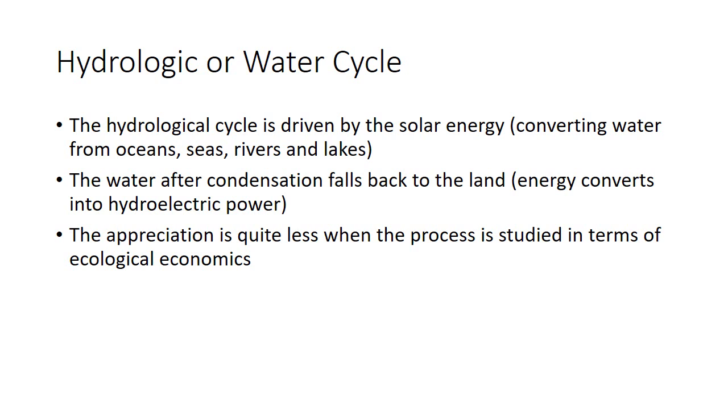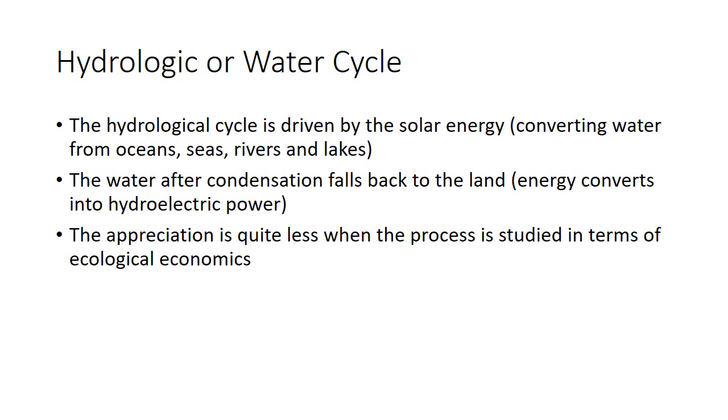The hydrological cycle or water cycle is very simple as compared to the other three we have previously discussed. In the water cycle, water is converted into vapors using solar energy, and those vapors are then condensed into rain droplets and returned back to the land.